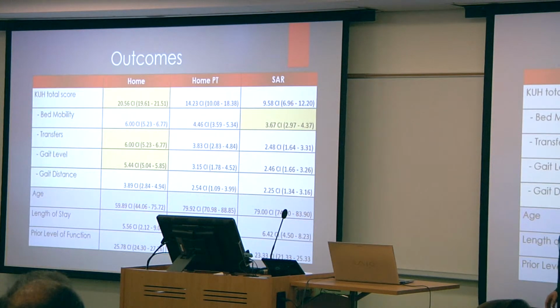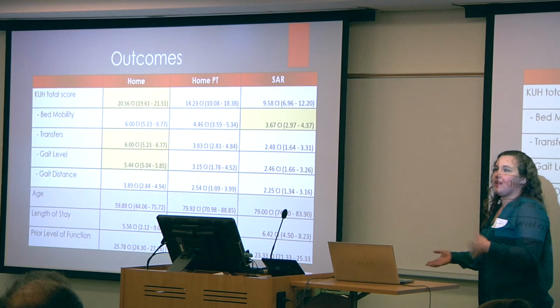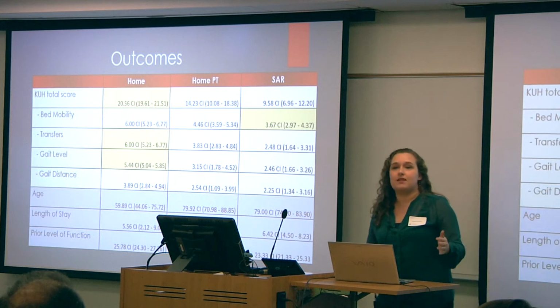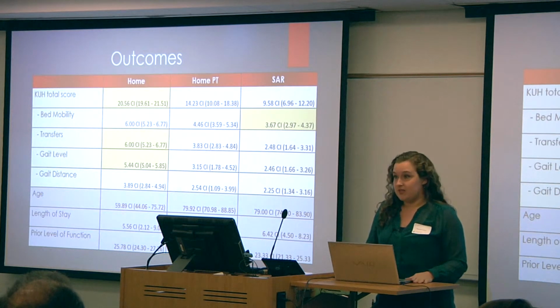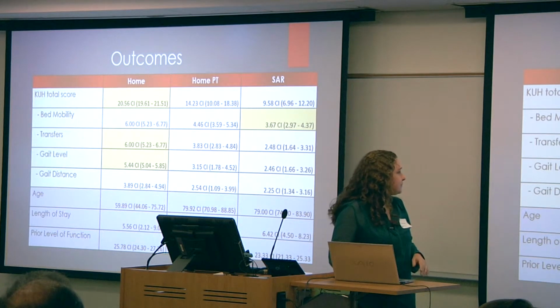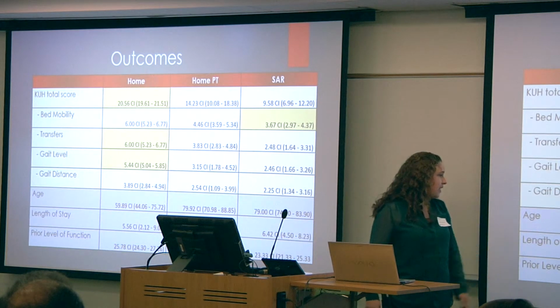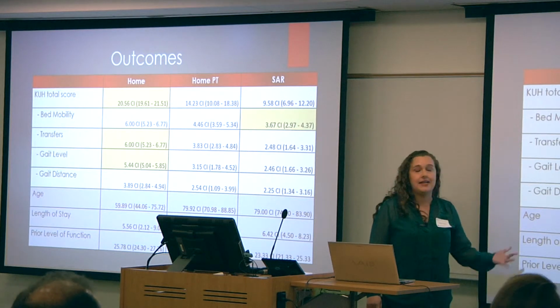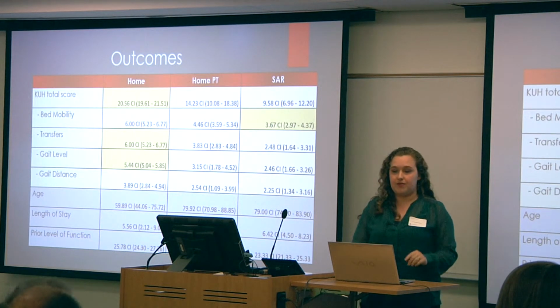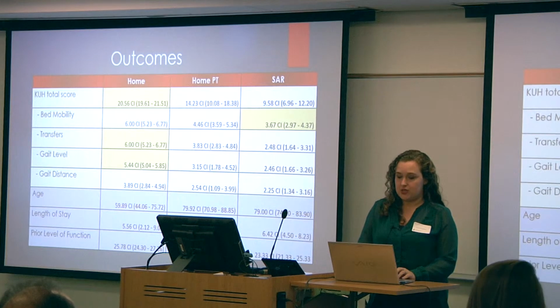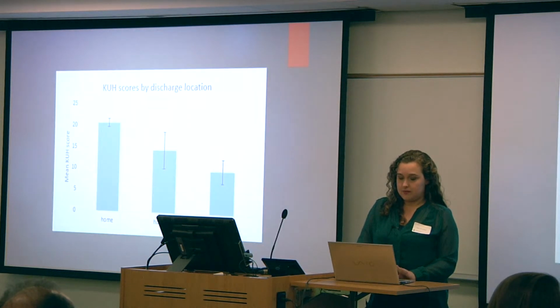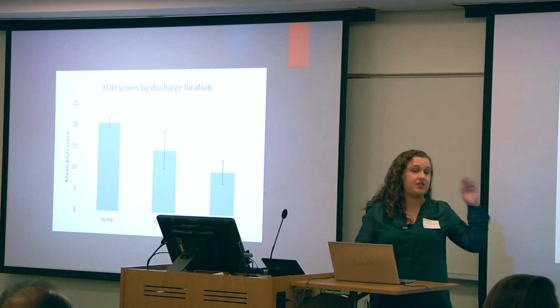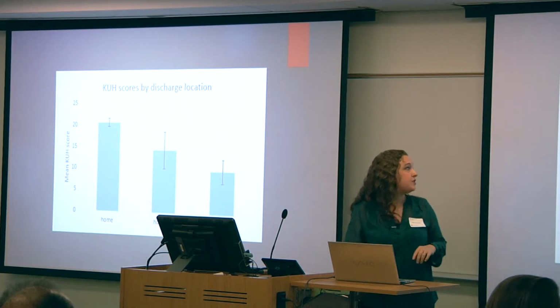Logically, it makes sense. If you can't move around in your bed and you can't get in and out of your bed, you're not going to be sent home where you're going to have to do those things. Age, length of stay, and prior level of function were a couple of the other things that I looked at that did not reflect where the patient was discharged to. This is a chart. It's just that first line of the chart I just showed you.